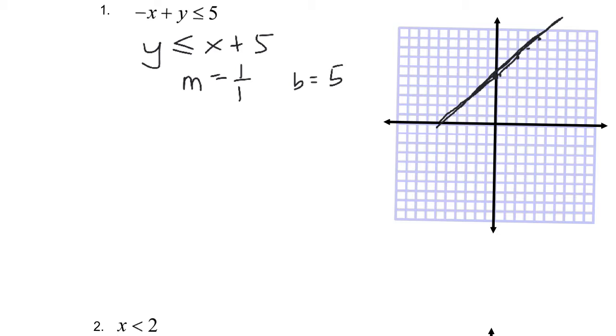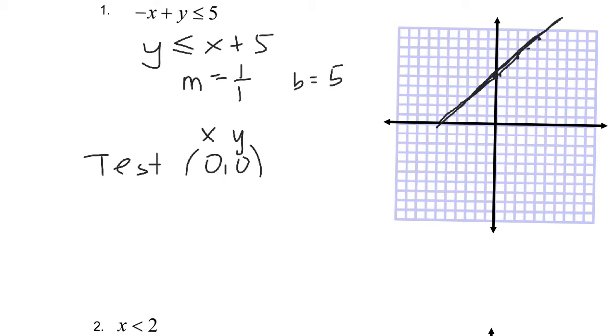Now the question is, do we shade above the line or below the line? So let's test 0, 0, which is x comma y. Let's substitute 0 for x and 0 for y, and see if we get a true statement.